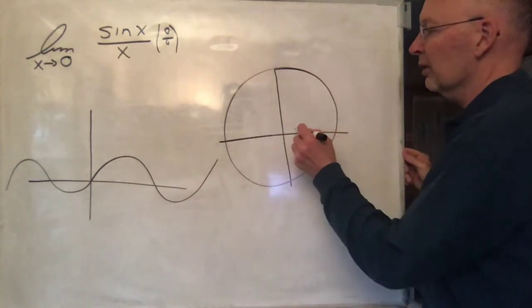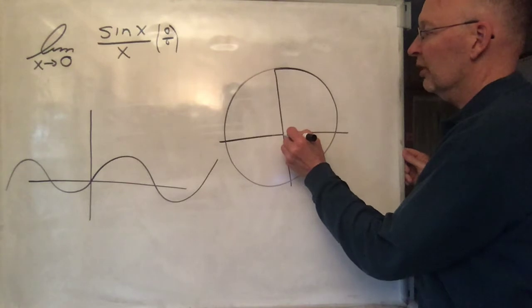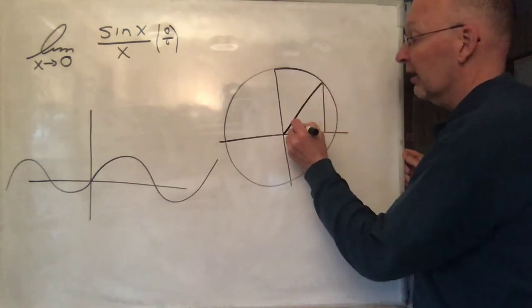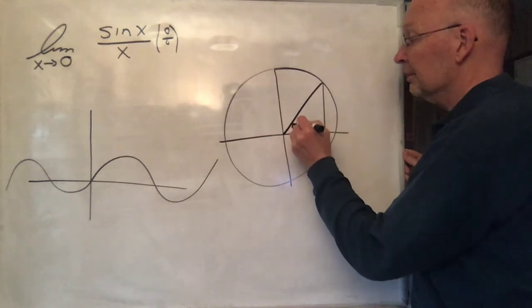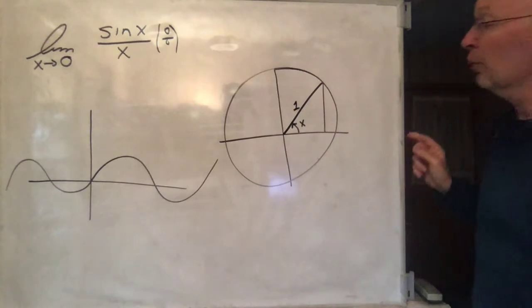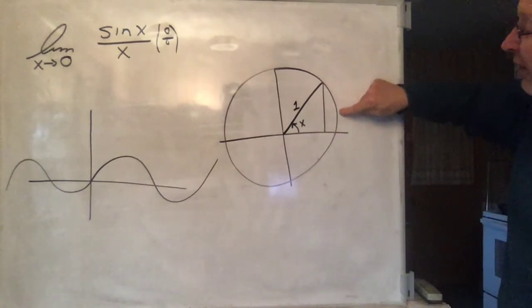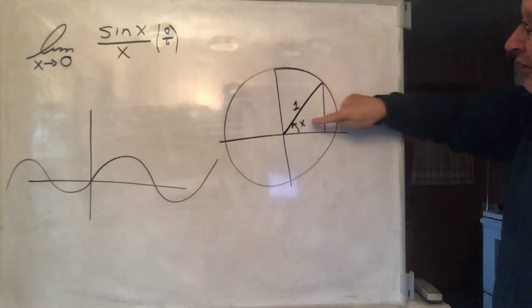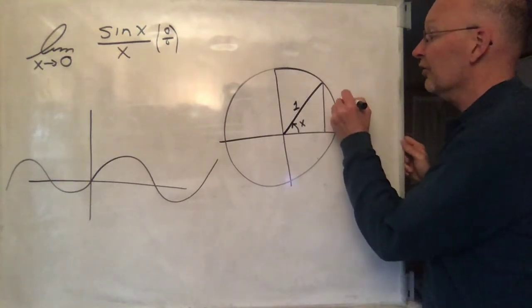Here's your unit circle, remember. This is what we used to define the sine and the cosine. And if this is the angle x and this radius is 1, then recall that this length right here, the arc, is 1 times x. So if this is the unit circle, this length is also x.